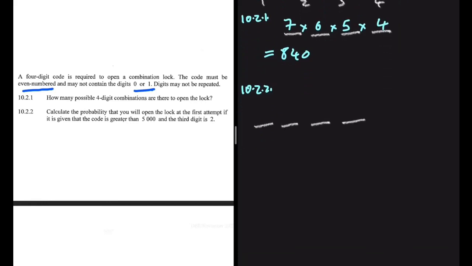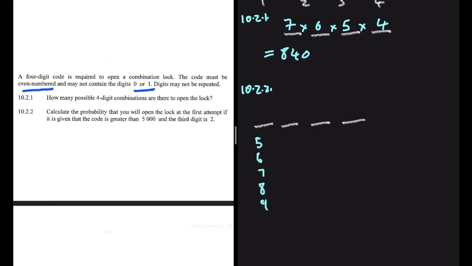Let's make sense of that. If the code is greater than 5,000, then on the first position we need 5, 6, 7, 8, or 9. We need 1 of those 5 numbers. Now let's look at the other condition.